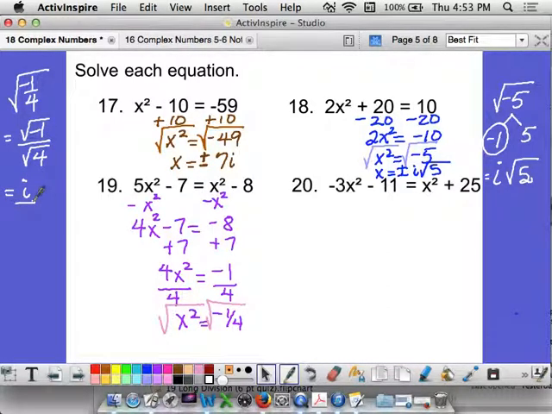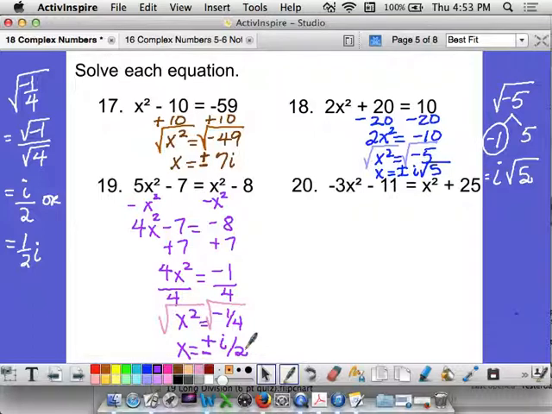I know the square root of 4, that's 2. So I could write this i over 2, or I could write this as 1/2 i. Either way you write it is fine. But I can't forget that it's going to be plus or minus, and I'm going to write i over 2. It doesn't matter which way you write it.